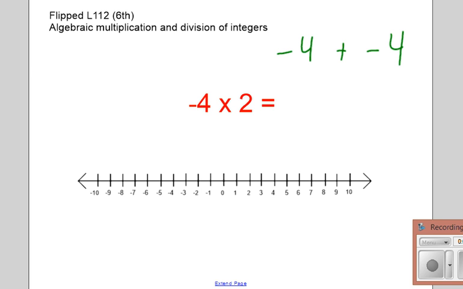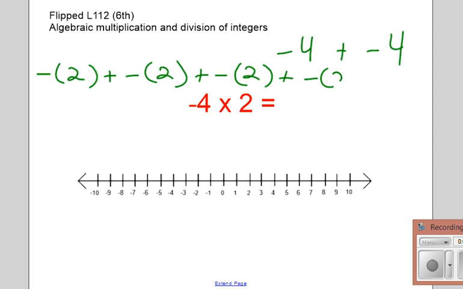It's like, okay, I got a negative 2, plus another 2, plus another 2, plus another 2.